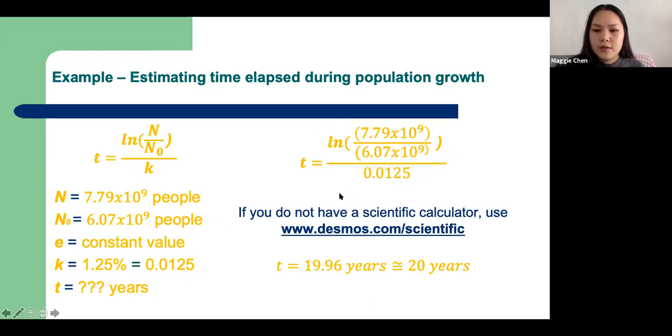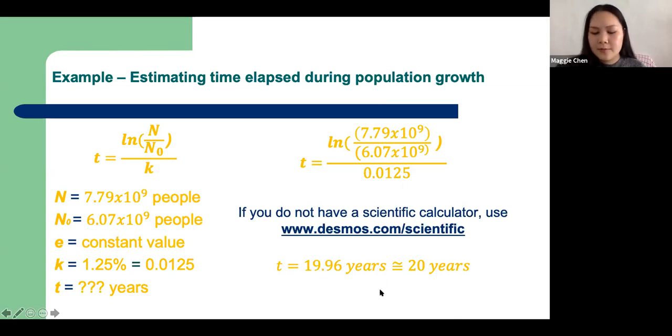So in the equation, if we're going to plug in all of the variables, it would look like this. We have t is equal to ln, we have our N, our population size, divided by our N naught, and then everything divided by our k of 0.0125. And if we plug all of this in, we would get t is equal to around 19.96 years.